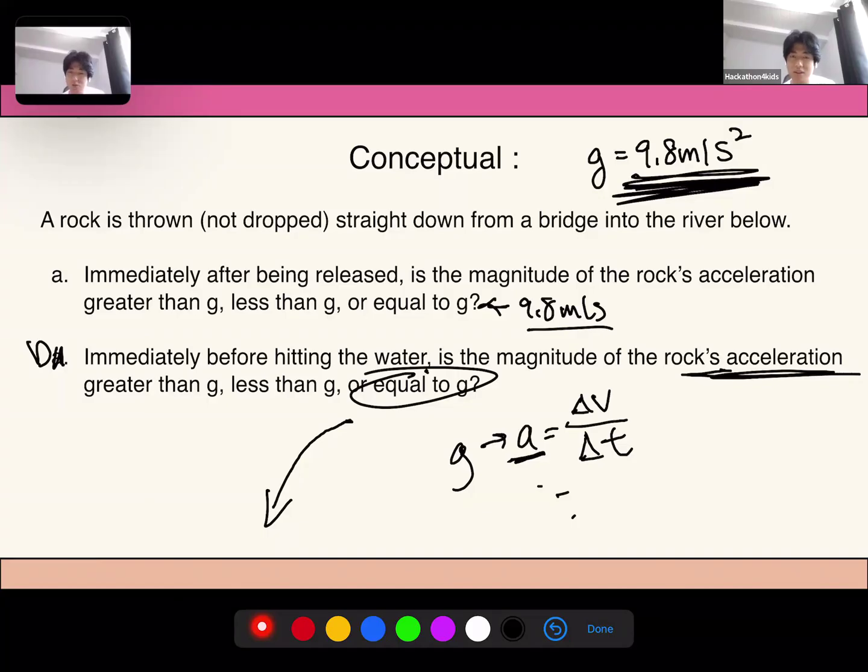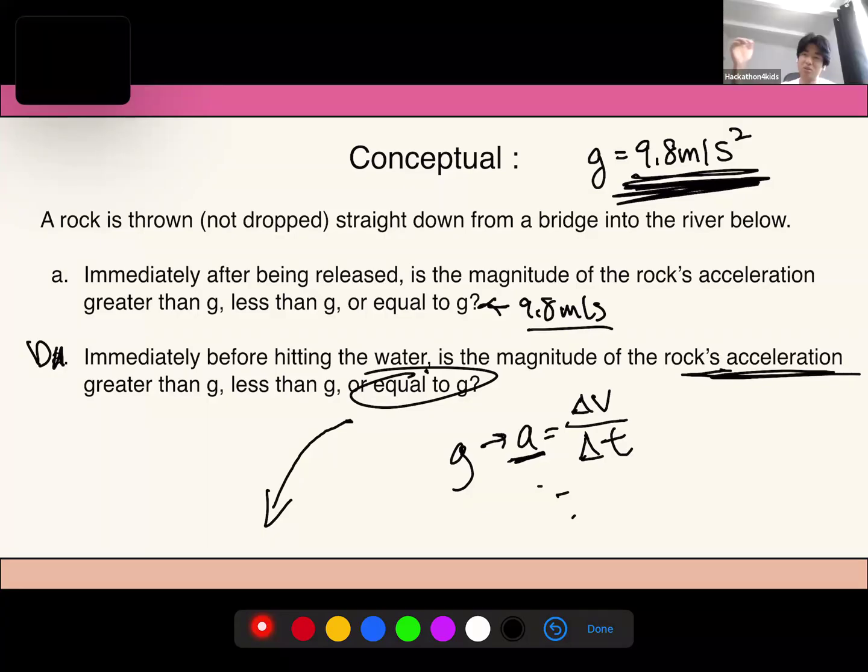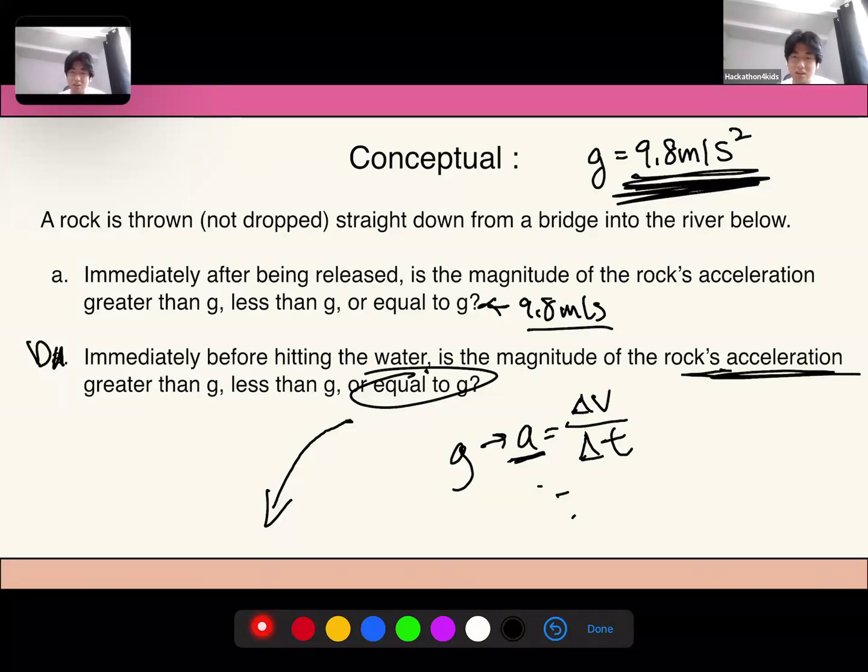You got that, Ani? If there are more forces acting on the object, then yeah, the acceleration is going to be different. But in the case of projectiles, it's always under the influence of gravity and only gravity. So the acceleration is always going to be 9.8, okay?